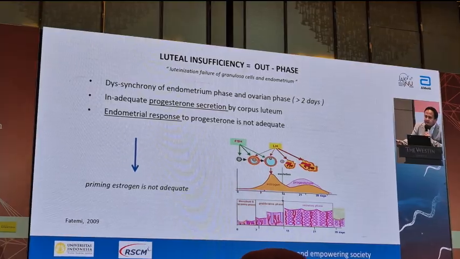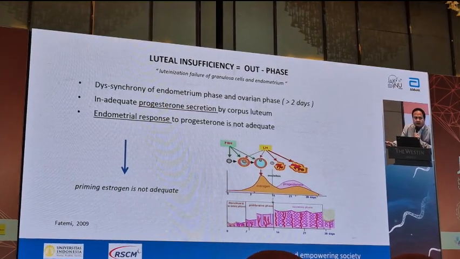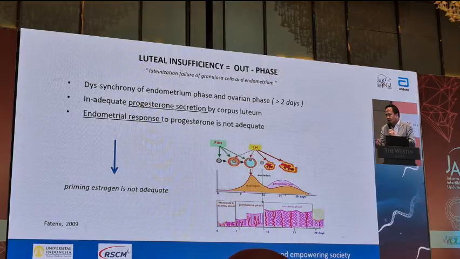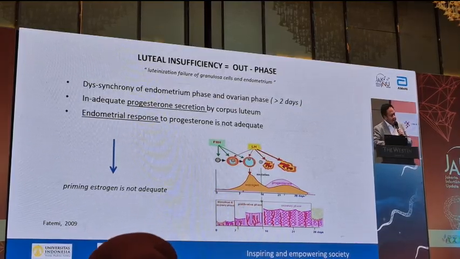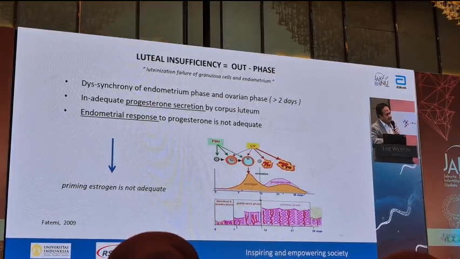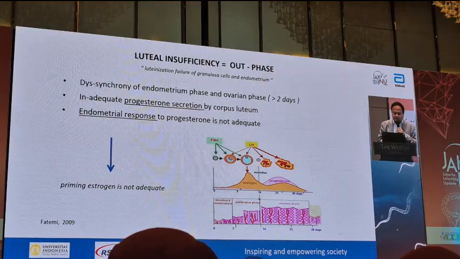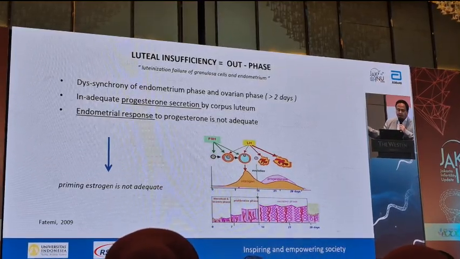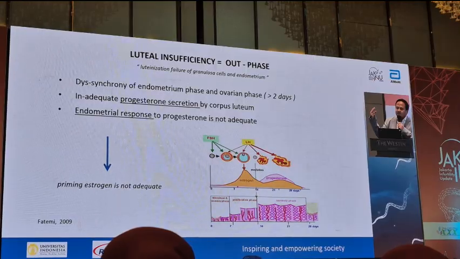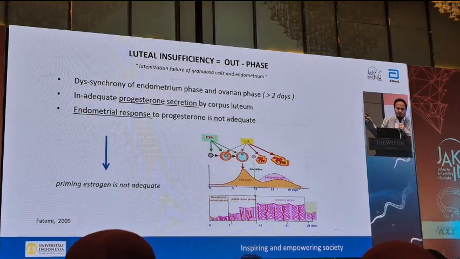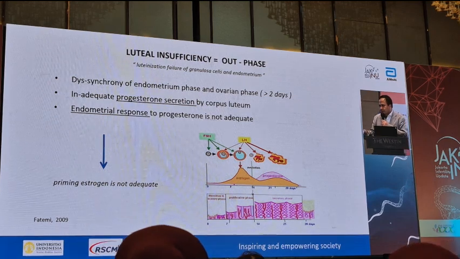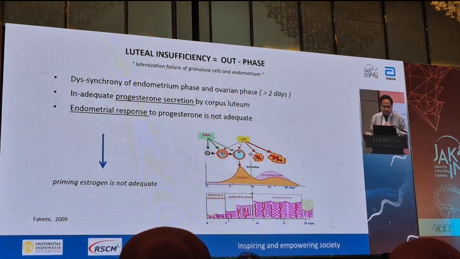How does luteal phase insufficiency happen, or out of phase? Right now we recognize it as an out of phase. Out of phase happens if there's a dyssynchrony between the endometrium phase and the ovarian phase. If the dyssynchrony is more than 2 days, we call it out of phase, or the patient is suffering from luteal phase insufficiency.